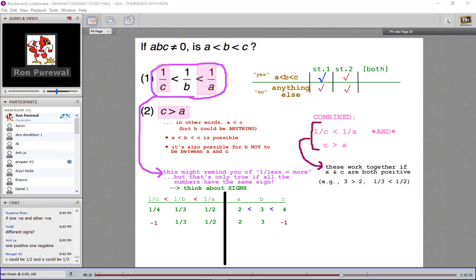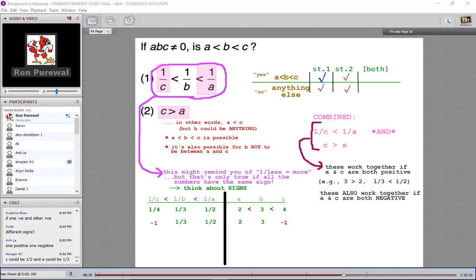And that's probably the normal intuition that you have about 1/anything. That's probably just the first thing you think of. These also work together if you have 2 negatives. Sure they do. If that's not clear, just throw in some numbers.